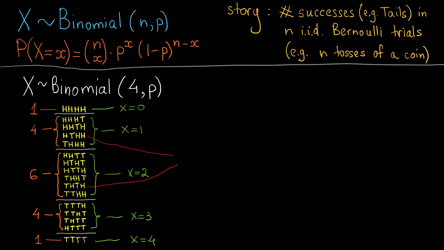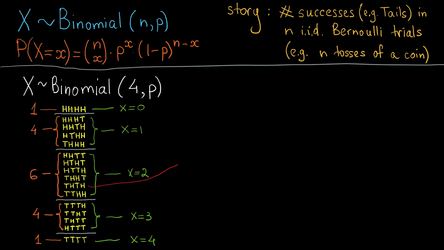We cannot say that those two outcomes would have the same probability. If p were equal to 0.5, then that would be the case, and all these 16 outcomes would have the same probability. However, here we're solving for the more general case where p is unnamed, so it could take on any value between 0 and 1.